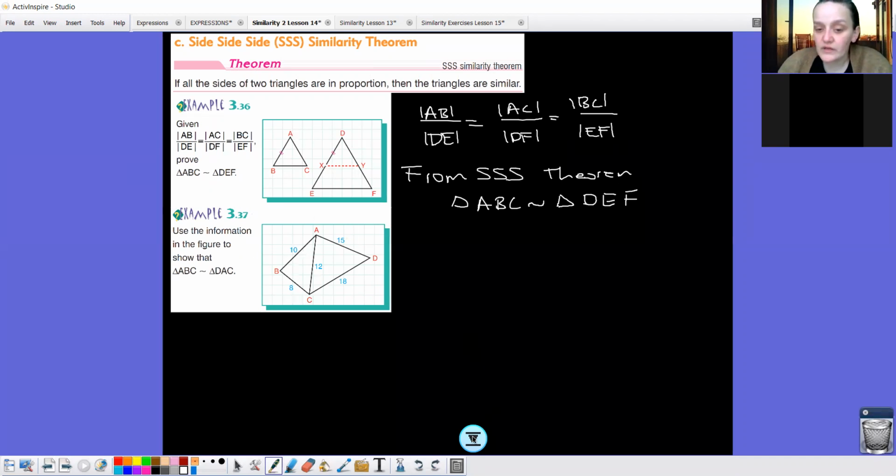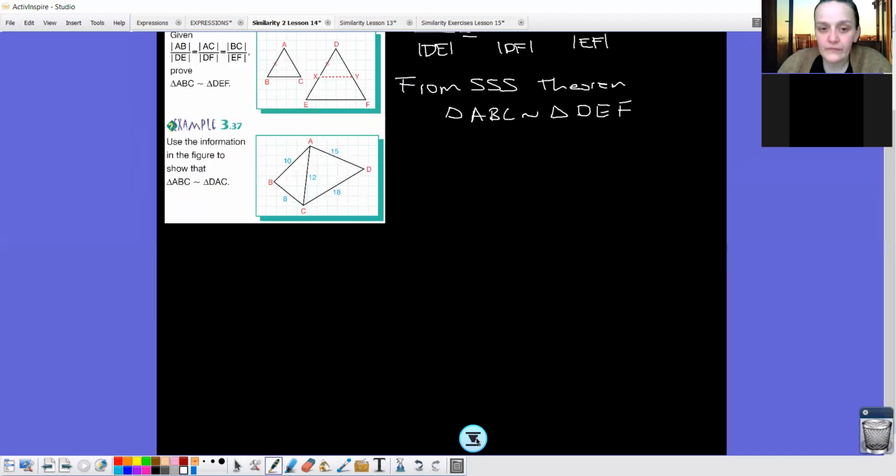Now in the second one, it says use the information in the figure to show that triangle ABC is similar to triangle DAC. Now, from the given, we need to show that these two triangles are similar. So I need to find if the sides are in proportion.